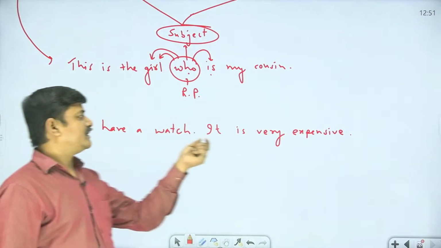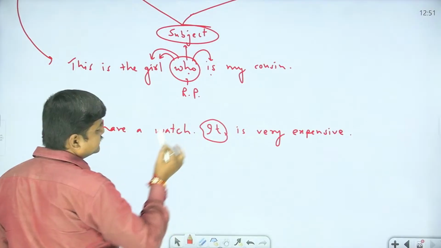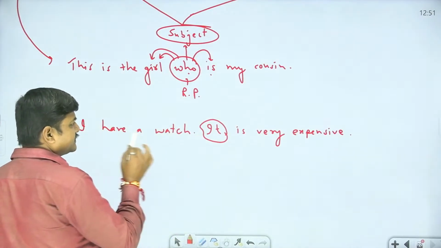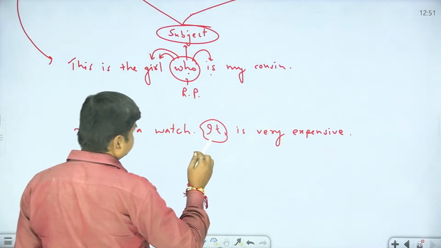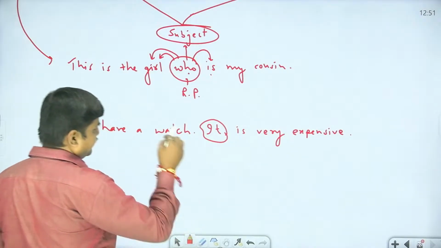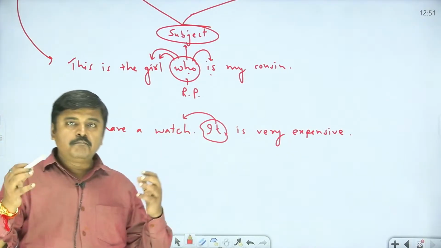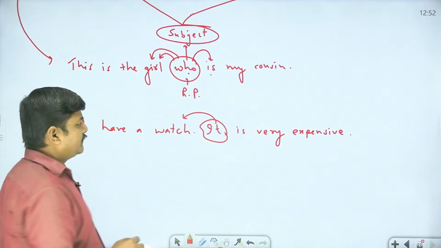I have a watch. It is very expensive. Now, this is it, and this it is for this watch. This is the common link between these two sentences. This is also the watch, the same watch. But if we want to combine the sentences, how to do that?